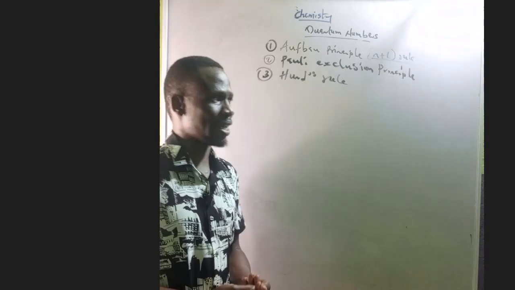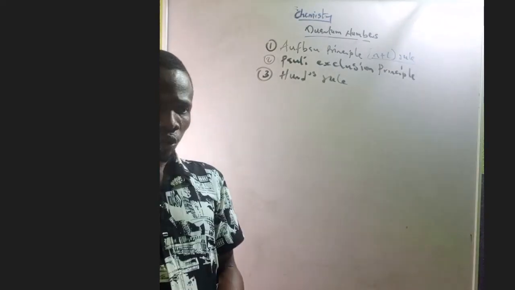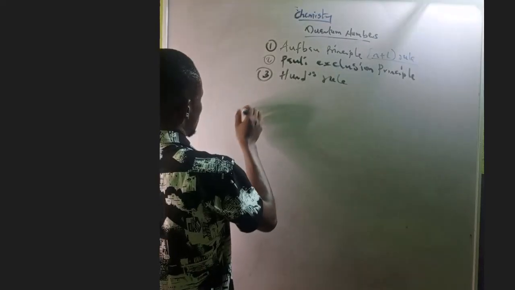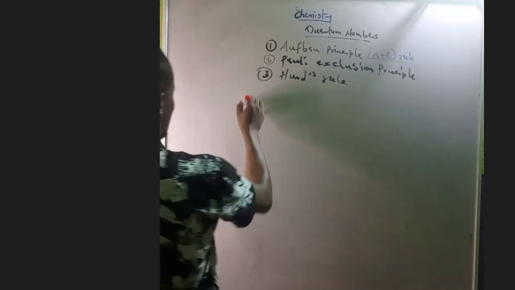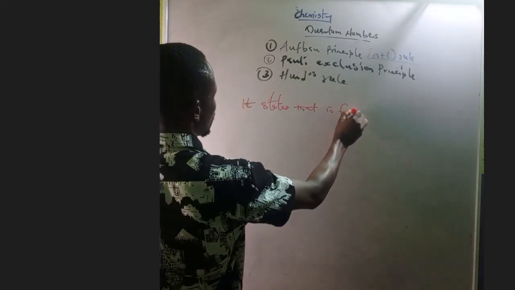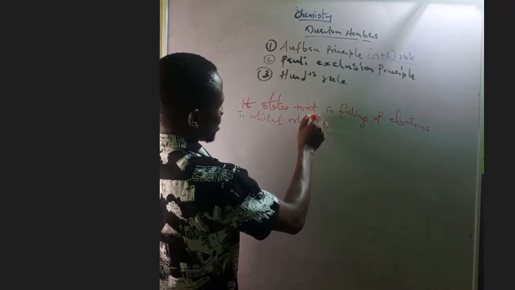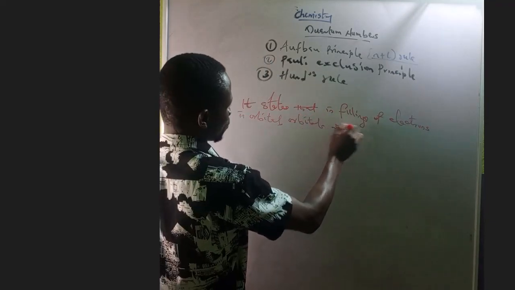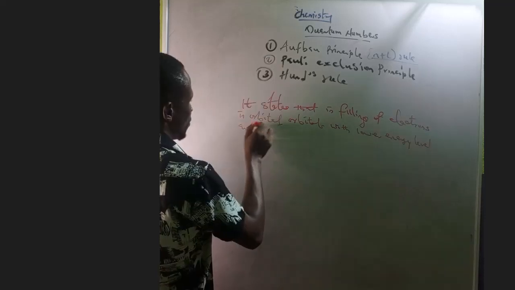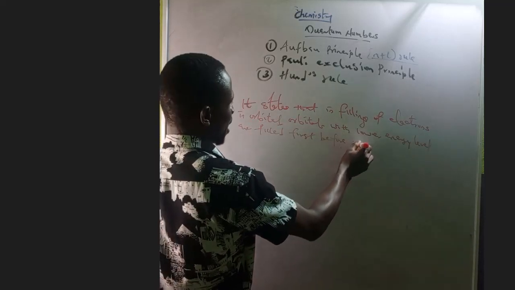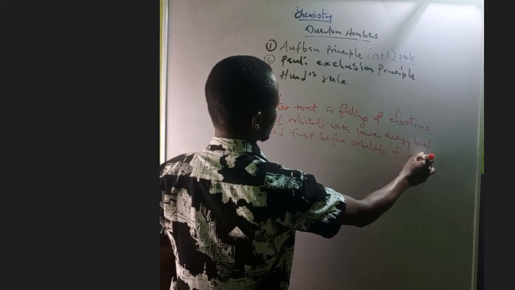Remember, an atom can gain electrons, it can lose electrons. So in the filling of electrons, orbitals with lower energy levels are filled first before orbitals of higher energy level.